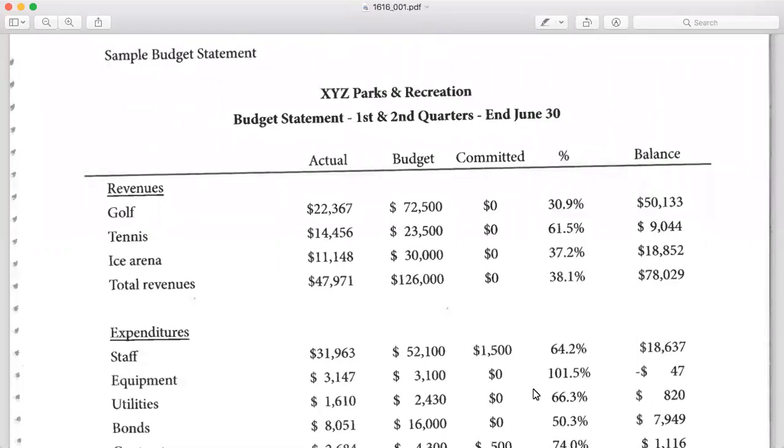And then items over $5,000 may be purchased only after formal bids are received. So I would remember those numbers, even though every agency is different. So $500, they can just go buy. That's their spending limit. $500 to $5,000 requires a supervisor level approval, and over $5,000 requires formal bids.